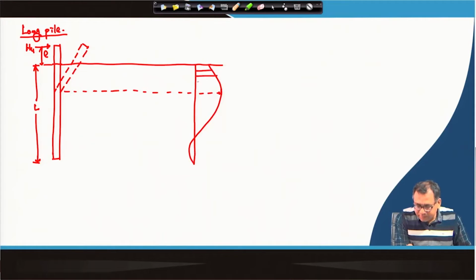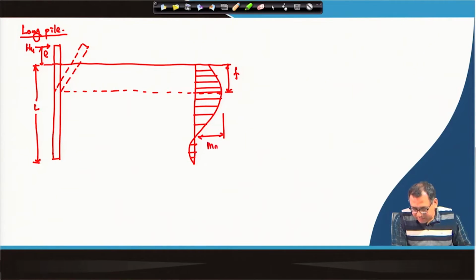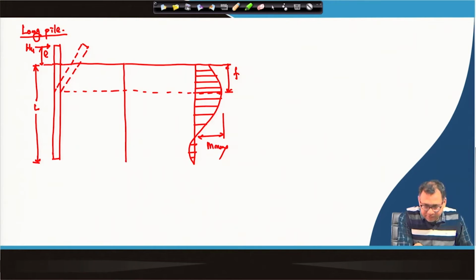So, this is the bending moment distribution. Okay. And this is the point which is again F, and this value is M max, and the soil reaction will be something like that.